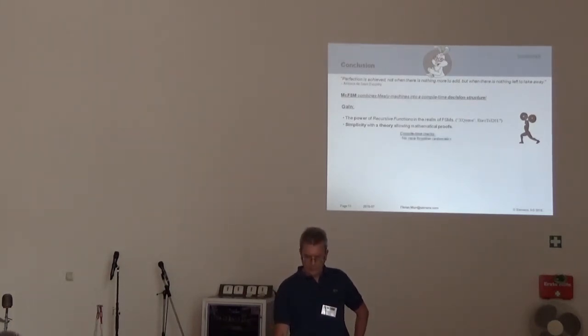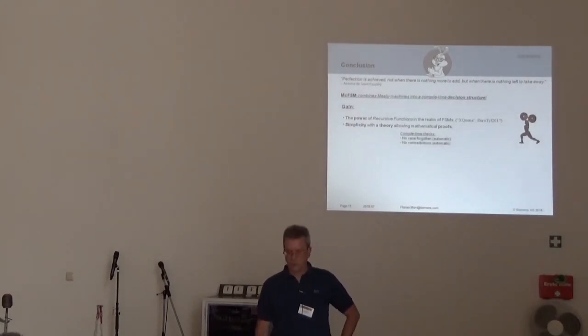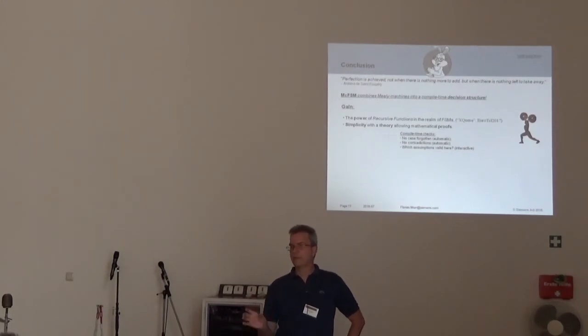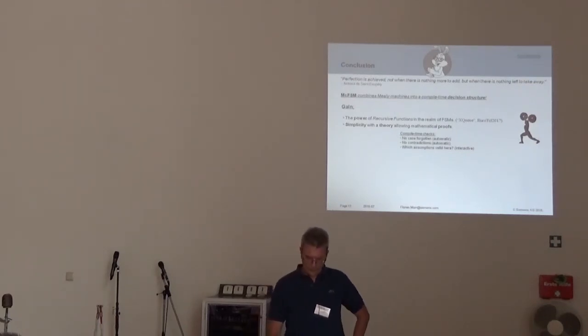We can do compile time checks, whether we have forgotten any case, that is done automatically, or whether there are contradictions, that is done automatically, and you can interactively look at every state and every transition to see which assumptions are valid where.